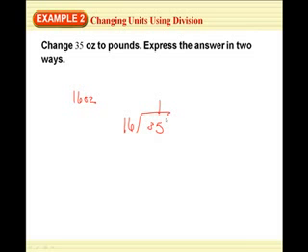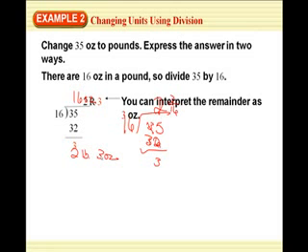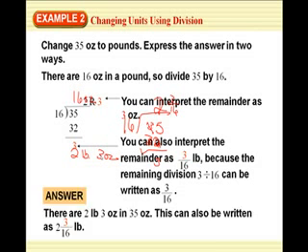It goes in there twice, which would be 32, and 3/16 left over. Or you could say 2 pounds, 3 ounces. So there's 2 ways to write it. Let's see how they wrote it. Dividing it. And then it says you can interpret the remainder as 3 ounces, or you can write it as 3/16.